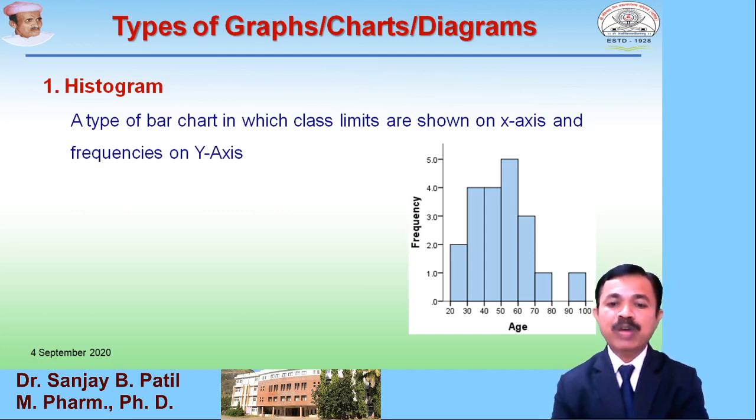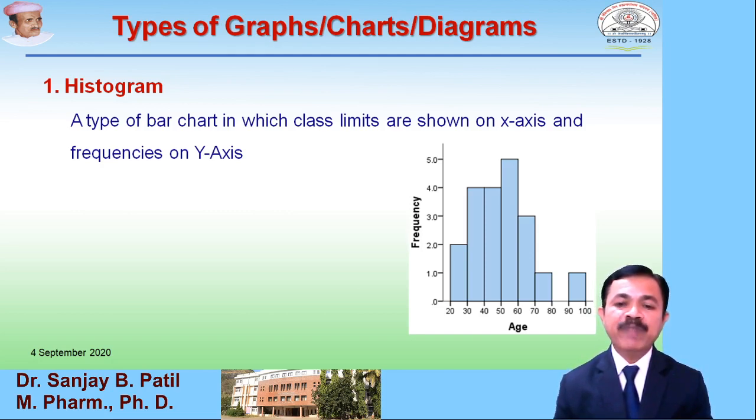For example, we have data for the age of persons with their appropriate frequencies. This age of the persons ranges from 20 to 100, and the class interval is 10 units or 10 years, like 20 to 30, 30 to 40, 40 to 50, 50 to 60, 60 to 70, and so on. What are the appropriate frequencies?